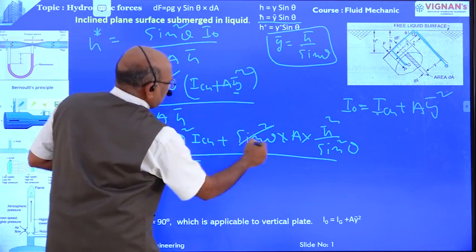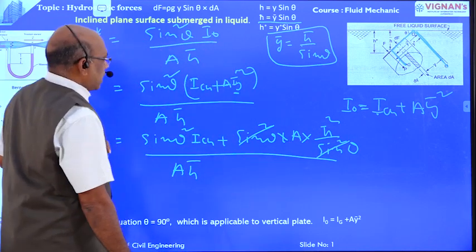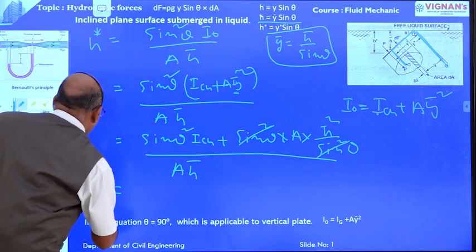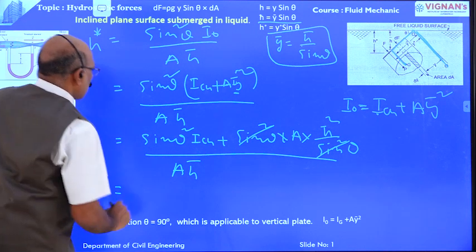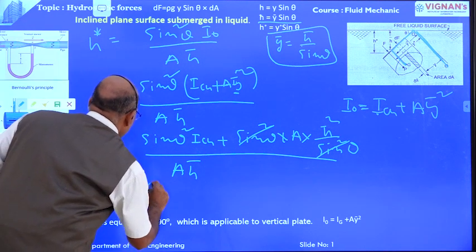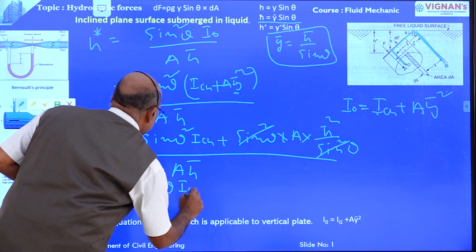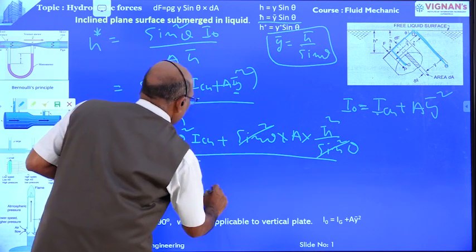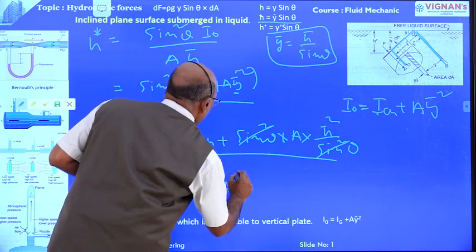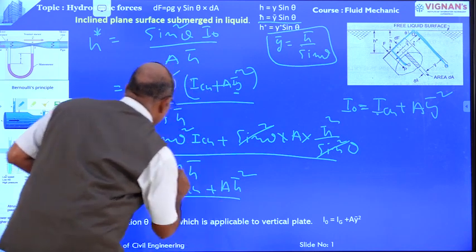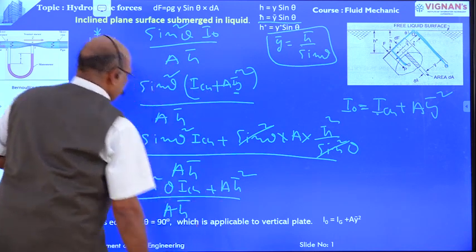Now the sine square theta terms cancel. Therefore, h star is equal to sine square theta ICG plus A h bar square, divided by A h bar.